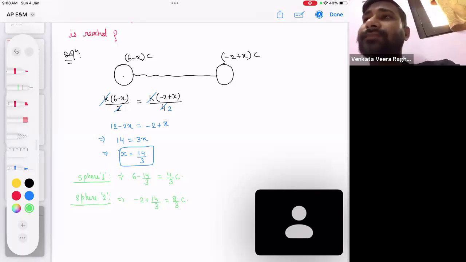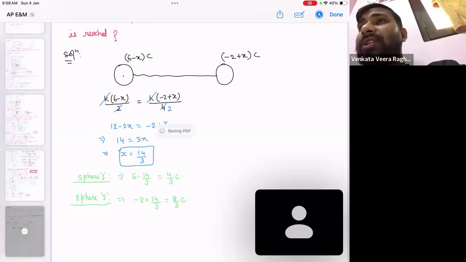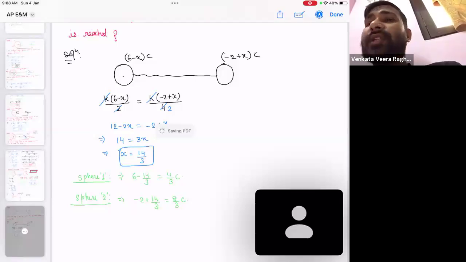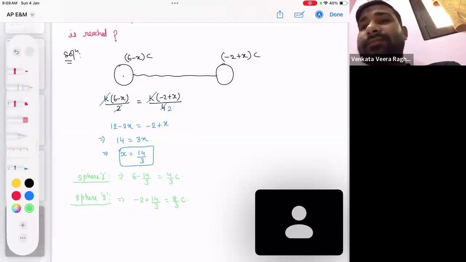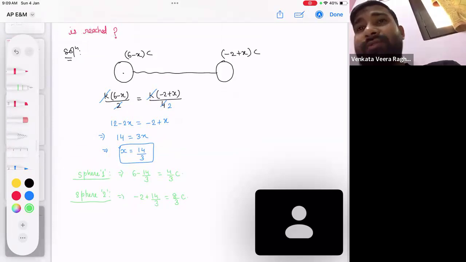And the second thing, if two conductors are connected with the help of a conducting wire, then both conductors will have charge in such a way that the potential of both the spheres becomes equal. Understood? So this is a way to charge a body also. Let's say one is a charged body and the second one is a neutral body. Let's say two conductors are there.